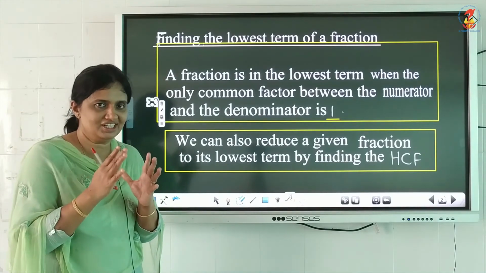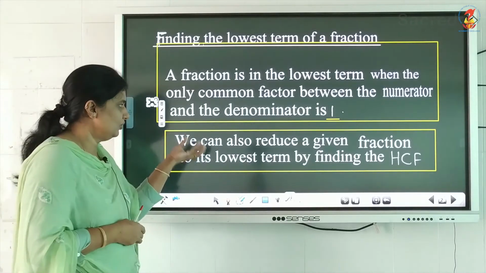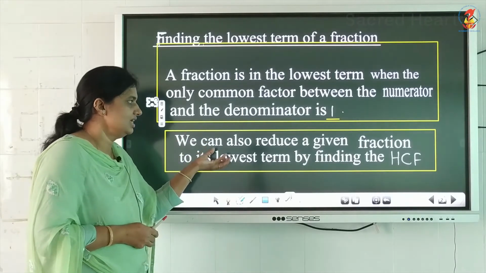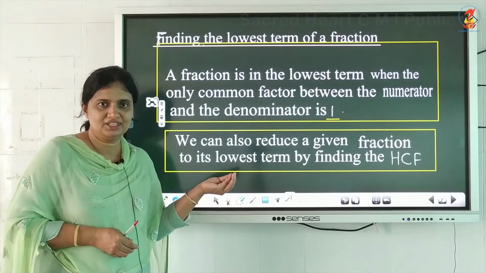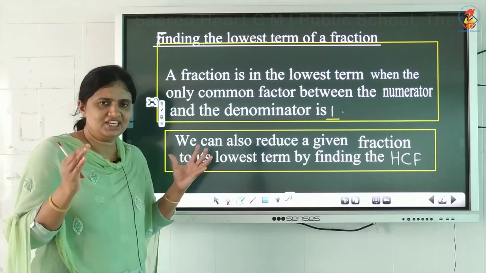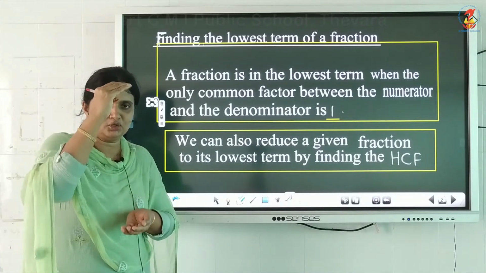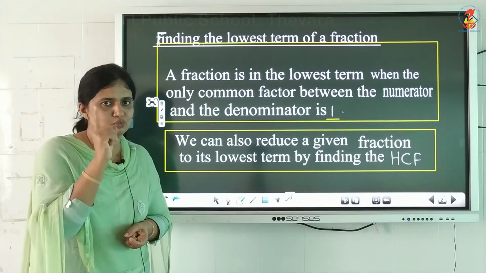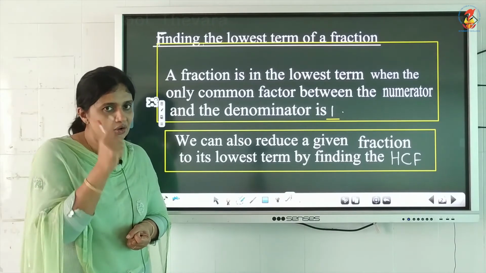Is it clear children? Is it difficult? No. Lowest term means what? We can say a fraction is in the lowest term when the common factor between the numerator and the denominator is 1. When only 1 comes, at that moment that fraction is in the lowest term.